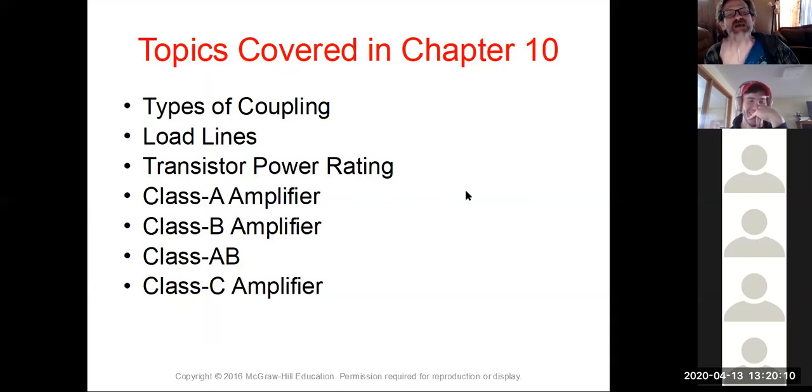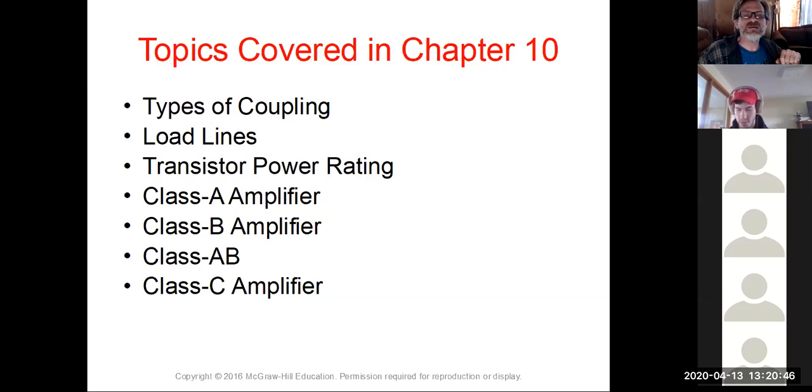Okay. So here we see the topics we're going to cover: the types of coupling that we're allowed to do, load lines, transistor power ratings, and the various classes. There are actually further classes than this, believe it or not. They go down quite a range in the alphabet, but they're not very commonly used. These types are pretty much the main classes utilized out there.